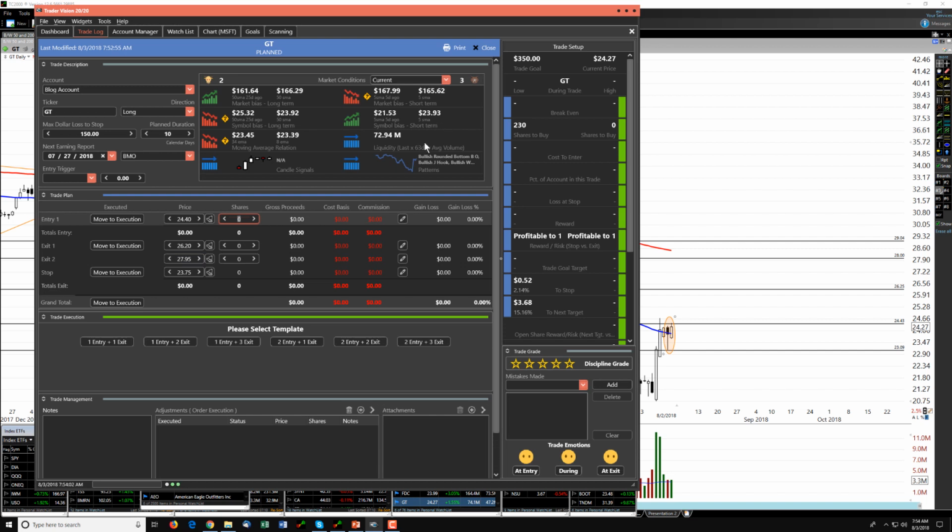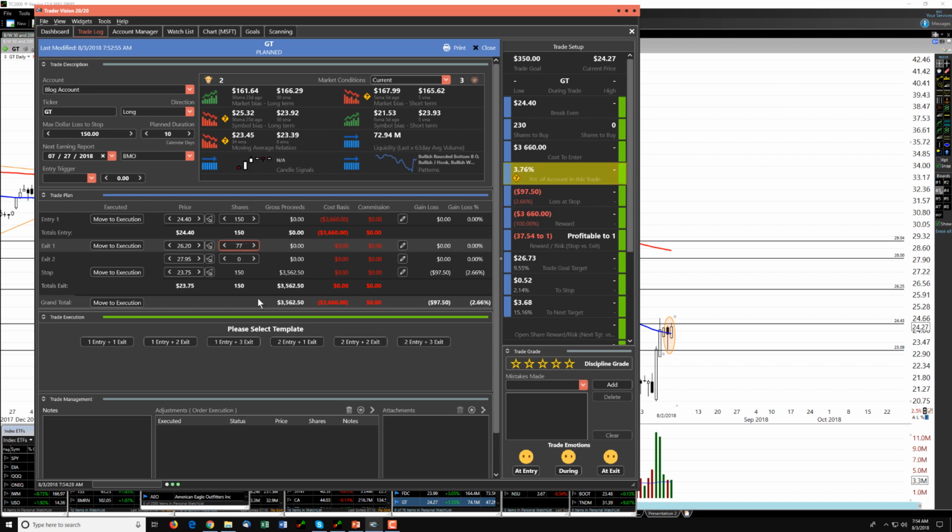So Trader Vision says we can do 230 shares. Let's see what 250 shares would do for us in size of trade. Way too big. Drop it down to 200. I think that's still going to be too big. Yeah, we'll drop it down to 150. Okay, 150 would be acceptable.